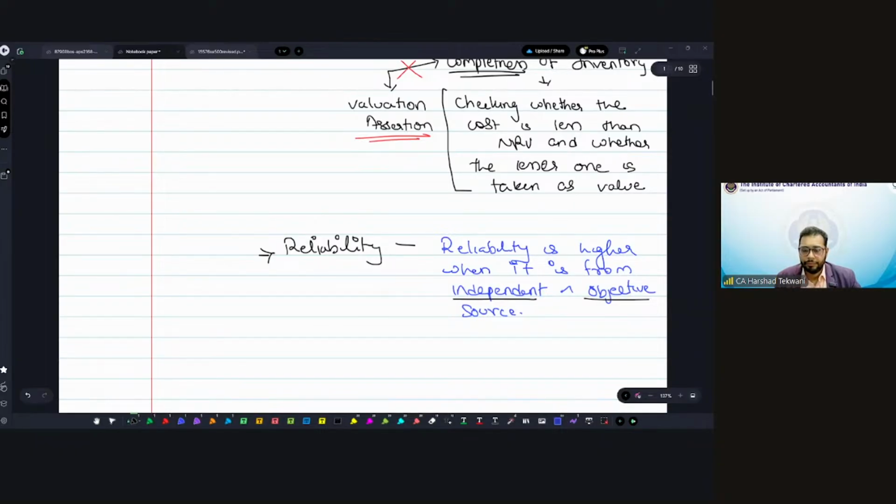We will check all these parameters, how they arrived at the value. We will vouch it based on the evidence. Okay, very good, Mega.